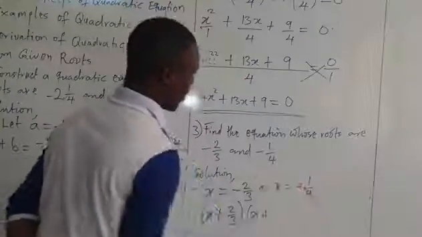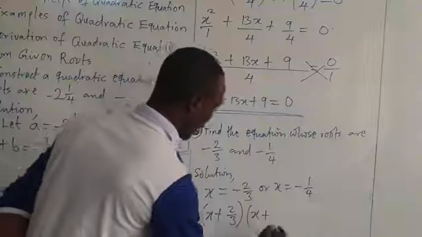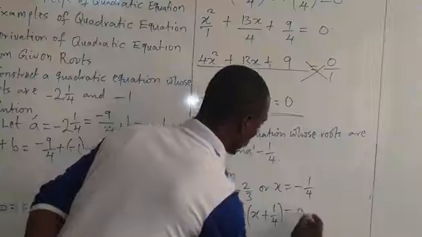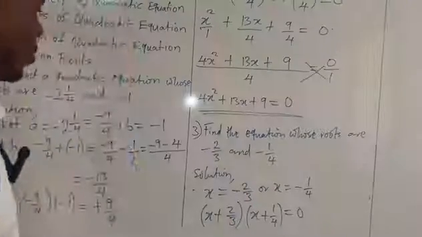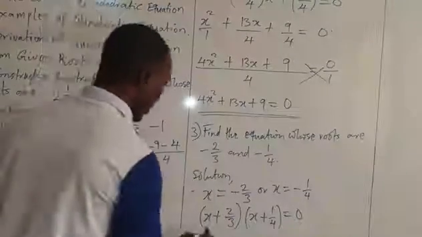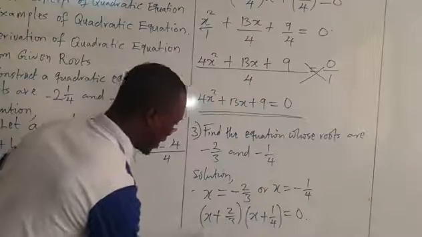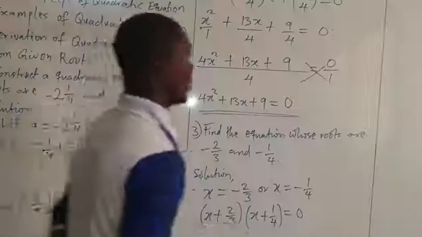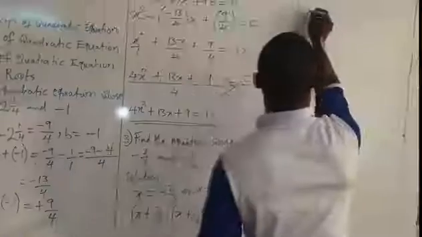But since we have it as minus, it will change to plus. So we have 1 over 4 equals 0. Now open the bracket. x multiplied by x is x squared.